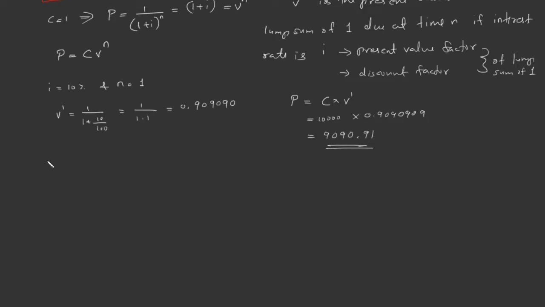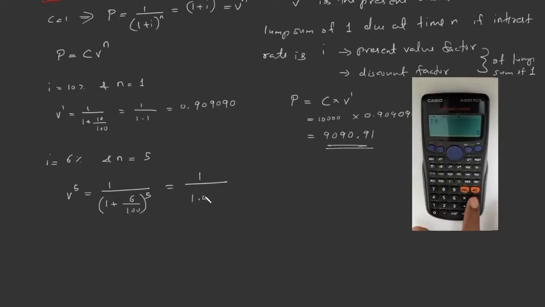Now, can you calculate the present value factor if I is equal to 6% and period n is equal to 5? The present value factor is v raised to 5, that is equal to 1 divided by (1 plus 6 by 100) the whole raised to n. n is 5. So that is equal to 1 divided by 1.06 the whole raised to 5. The value is 0.747258.